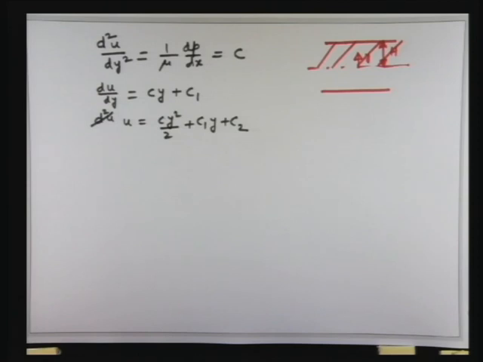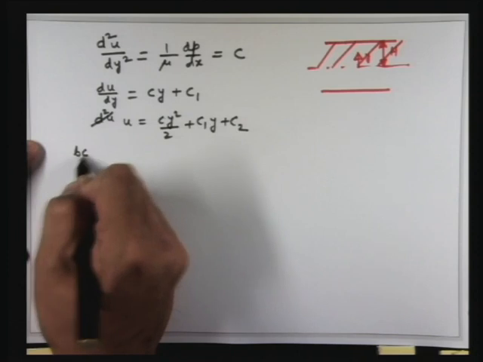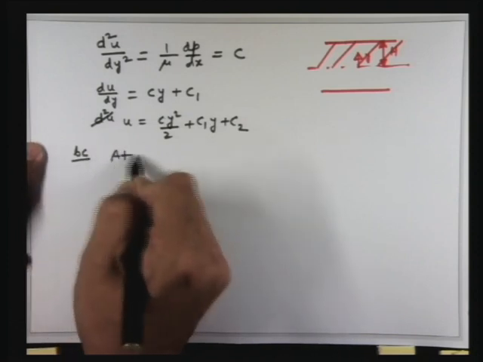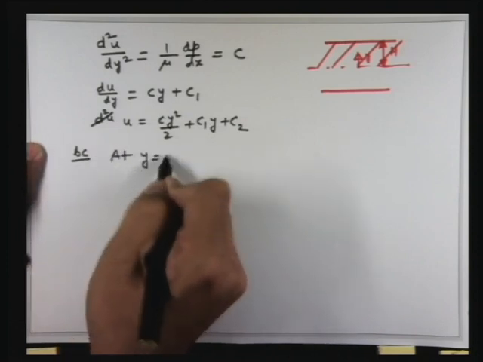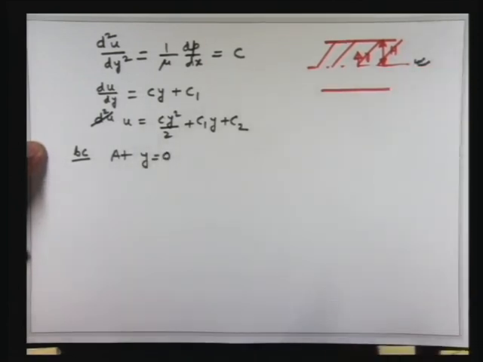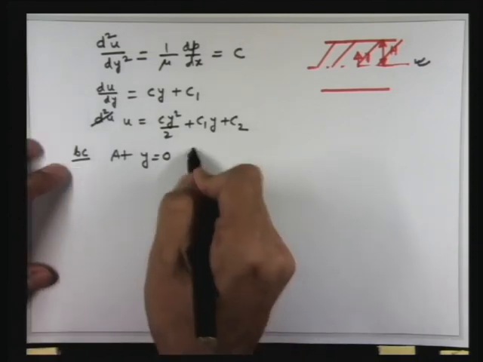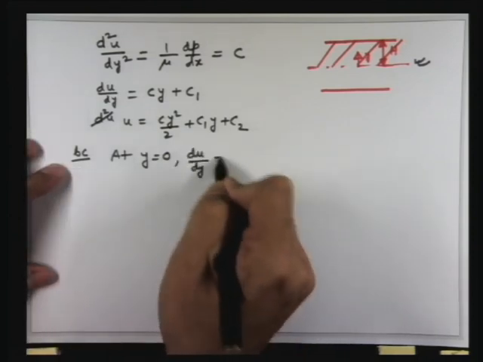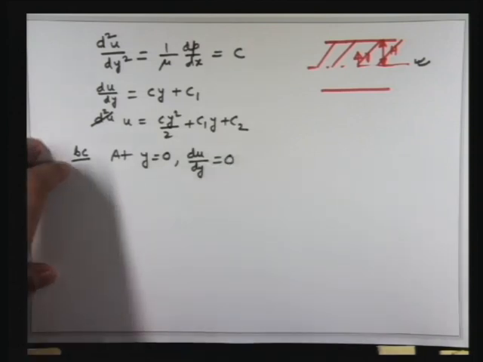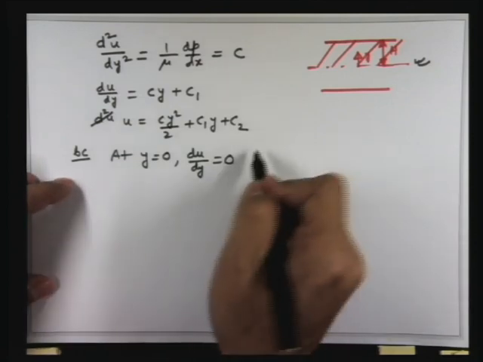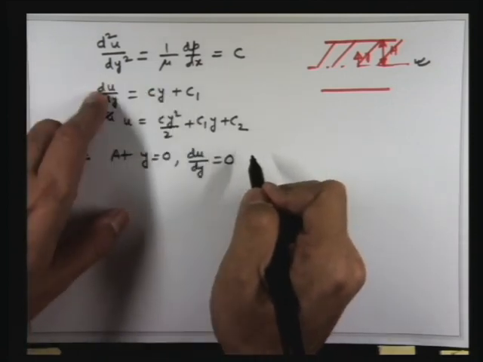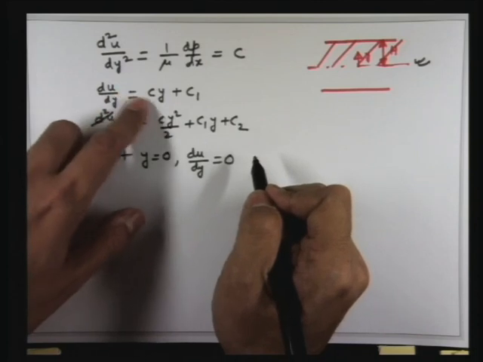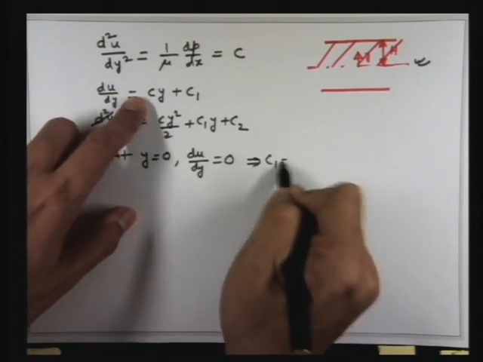Now we can find c1 and c2 from the boundary conditions. At y equal to 0, what is the boundary condition? Y equal to 0 is here. Our domain is the shaded region. At y equal to 0, you have du dy equal to 0 because u is maximum there. The maximum velocity is at the center line. So putting du dy equal to 0 at y equal to 0, from this equation you get c1 equal to 0.